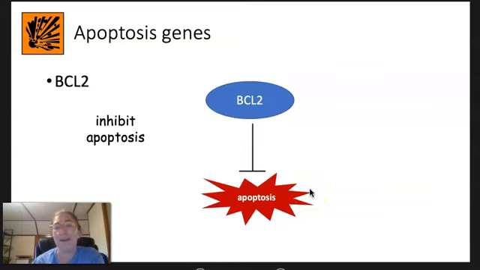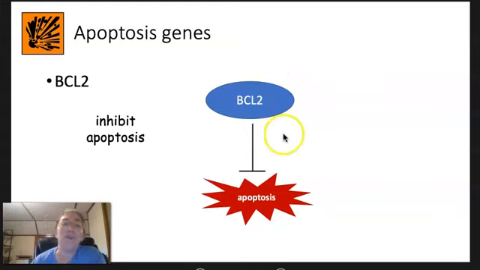This is another gain of function, and it's a little bit confusing here, but BCL2 is an important protein in the cells that inhibits apoptosis. It stops the cell from doing apoptosis, which we need because we don't want cells just self-destructing all the time. We only want them to self-destruct when they're supposed to, all right?